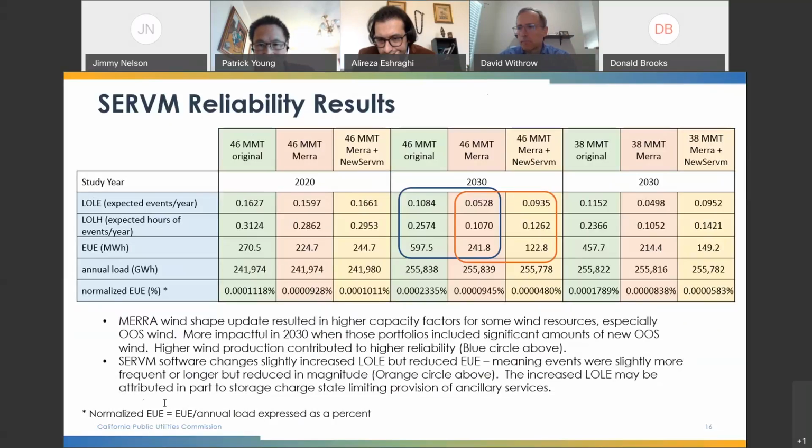But in 2030, it went in the opposite direction. In fact, it dropped by a factor of 2 for both the 46 MMT and the 38 MMT. So I'm wondering why the change in direction with EUE, whereas the LOLE and LOLH maintained the same directionality in that yellow was always higher, between green and pink, if you will.